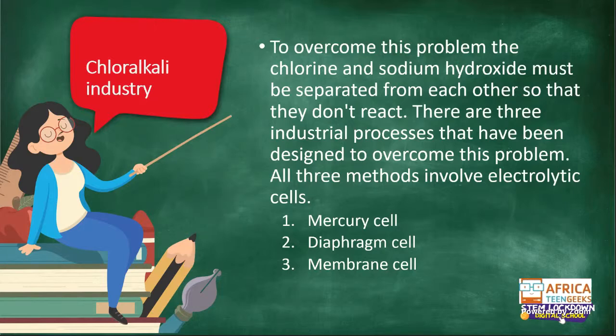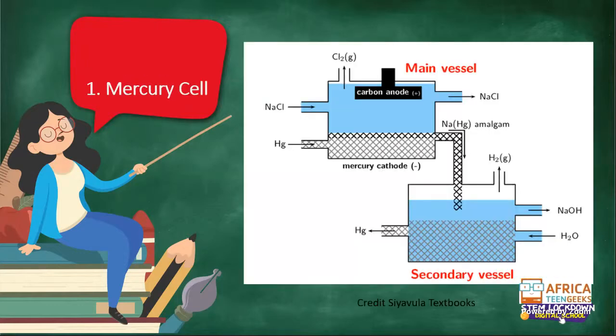So what we have done is there are 3 ways, or 3 cells, that you can use to separate them. I've seen that you need to know all 3, and there has been a question or 2 about them. The first one is the mercury cell. Your brine, which is sodium chloride, gets pumped into your system. When it's pumped in here, a current is run through it.